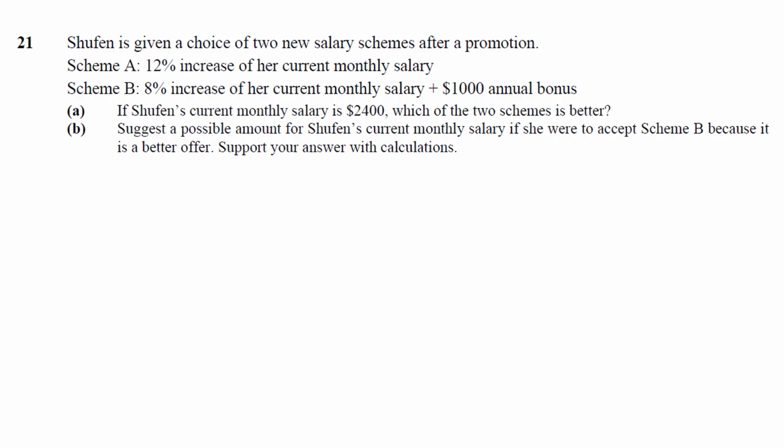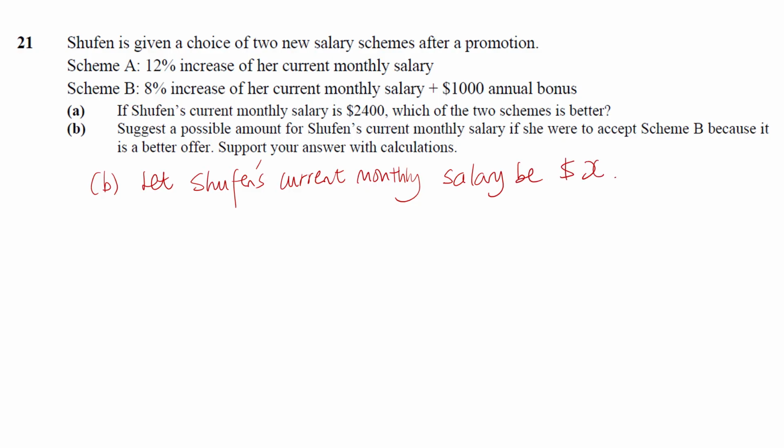Since we do not know what salary will make Scheme B better, we're going to let Su Fen's current monthly salary be X dollars. Based on this X, we're going to calculate using Scheme A and Scheme B.